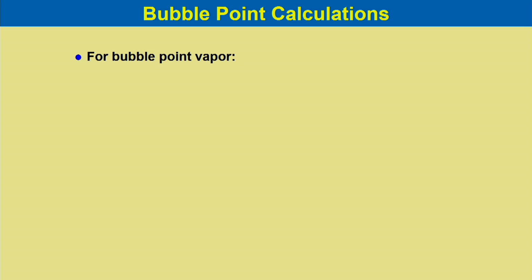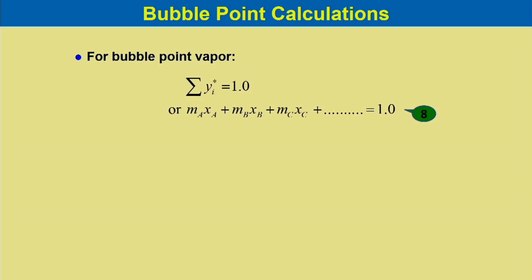Now, bubble point calculations. For bubble point calculations, we know that summation over yi star, that is summation over all the mole fractions in the vapor phase, would be equal to 1. So, we can write mA into xA plus mB into xB plus mC into xC plus so on up to the nth component would be equal to 1. So, this is equation 8.